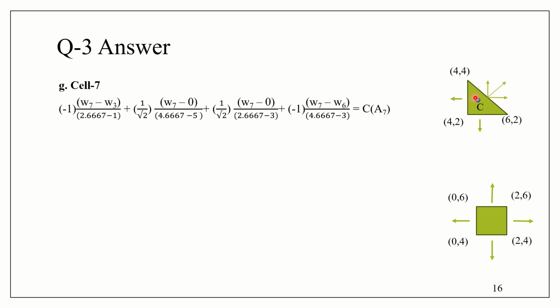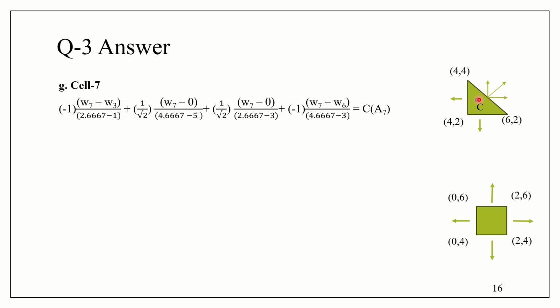And this is the seventh cell. Its midpoint would be 3.5 comma 3. We'll just see how we are resolving this. So this is 1 by root 2. Above that we do not have anything, so it is W7 minus 0, and the centroid is 4.67.